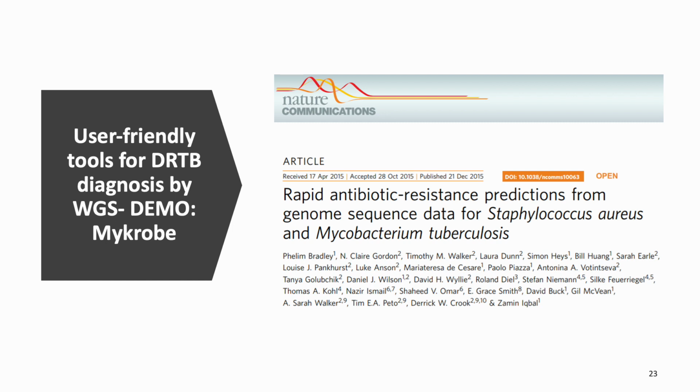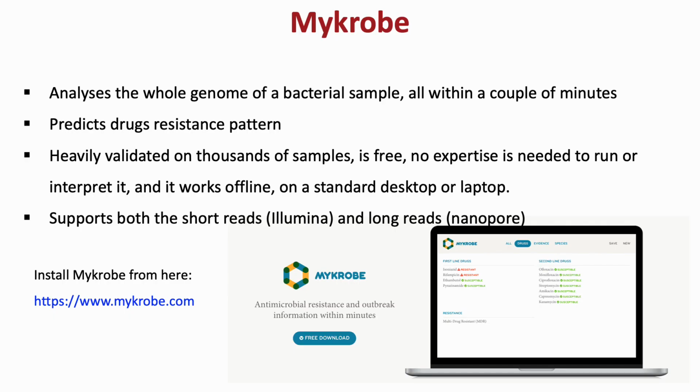So let's start with one of the user-friendly tools for drug-resistant TB diagnosis by sequencing data, which is called Mykrobe. But how does Mykrobe work? Mykrobe analyzes the whole genome sequence of a bacterial sample within a couple of minutes and predicts which drugs the infection is resistant to.